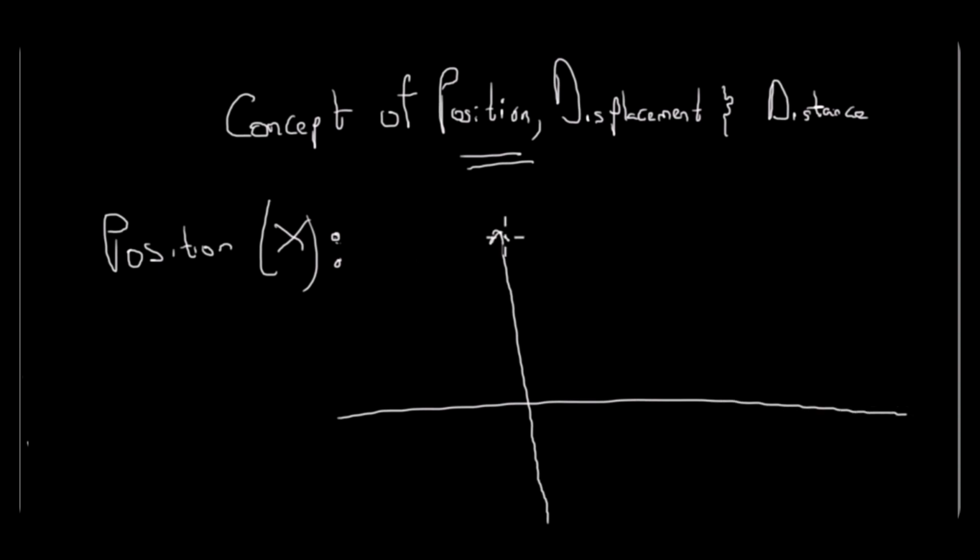This should be my y-axis, then this should be my x-axis. So this is my origin, point 0. And let's say I have an object located at this point.